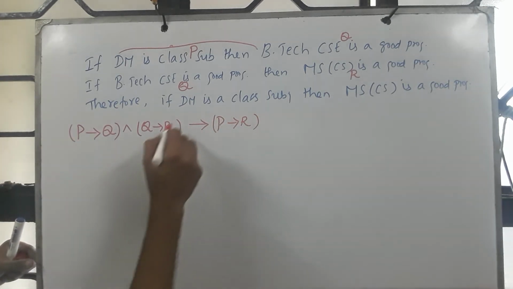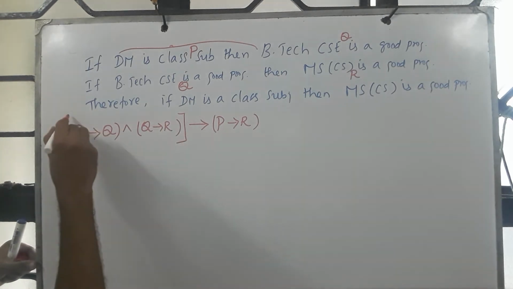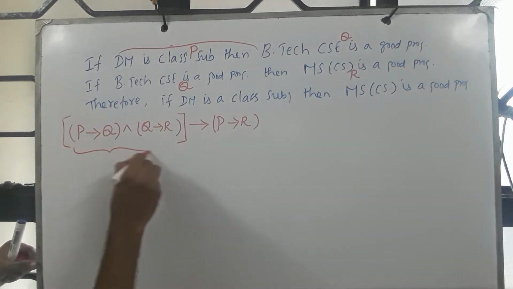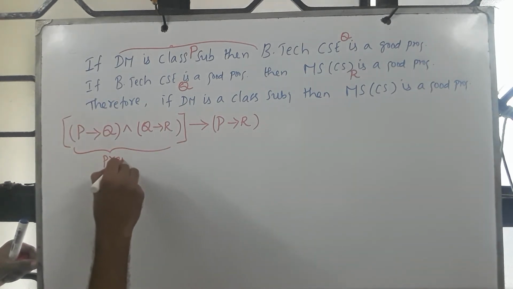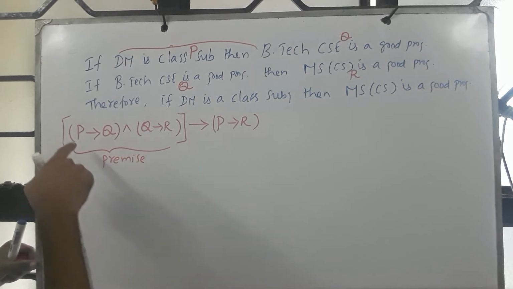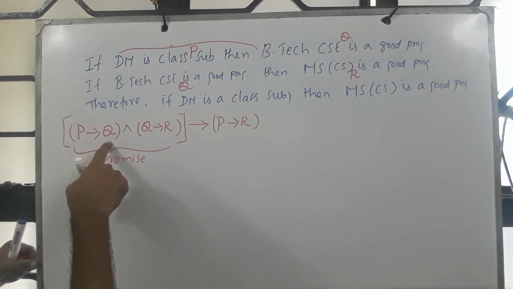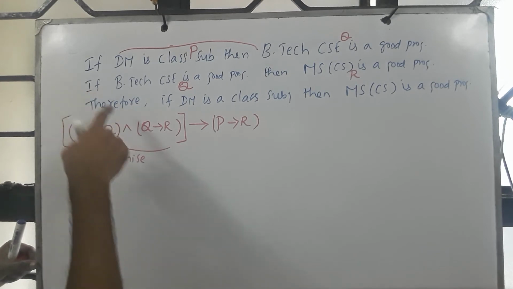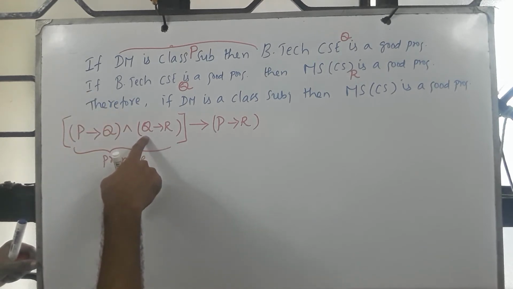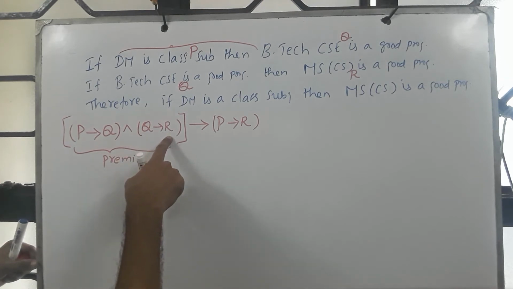Correct? So this is my premise. If DM is a classical subject, then BTech CSE is a good program. And second statement, if BTech CSE is a good program, then MS in computer science is a good program.